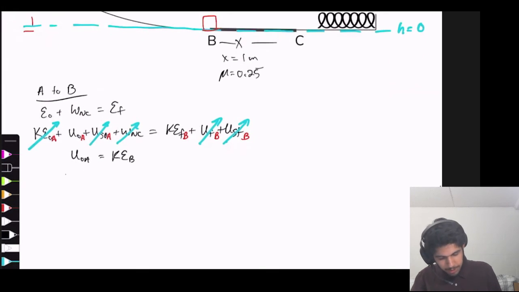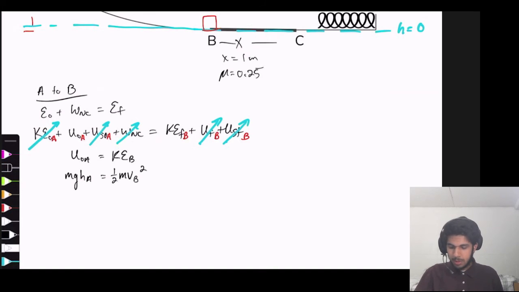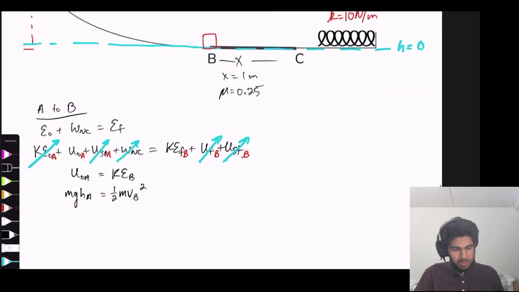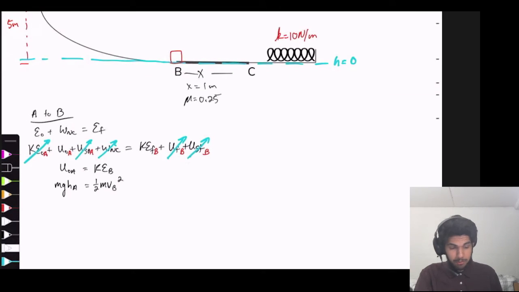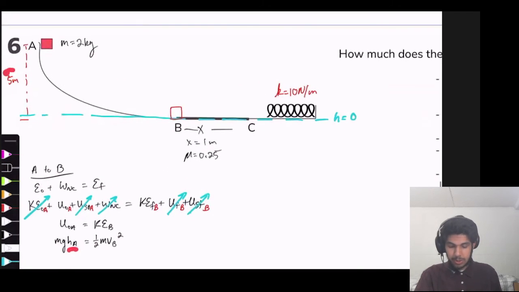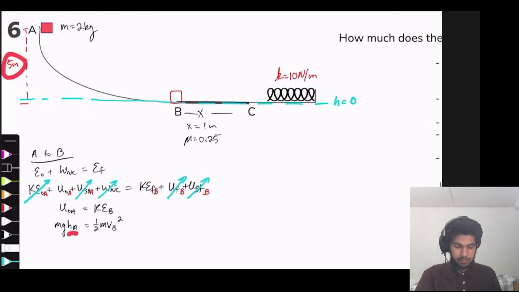And then by formula, we know that this is equal to mgh at A, and that's equal to 1/2 mv_B squared, so the velocity of B squared. And, well, what do we really want to solve for is the question. Let's take a look at what values we know. We know what mass is, we know what g is, we know what height is at A, because we're given that to be 5 meters.